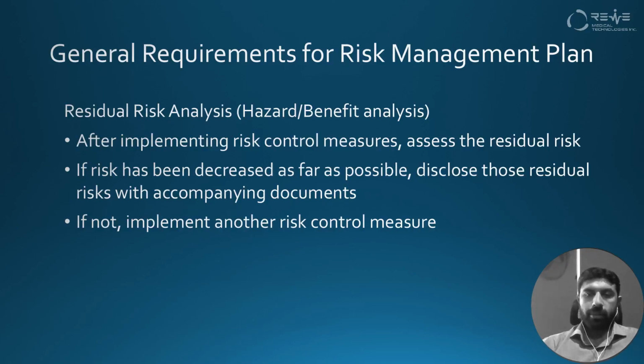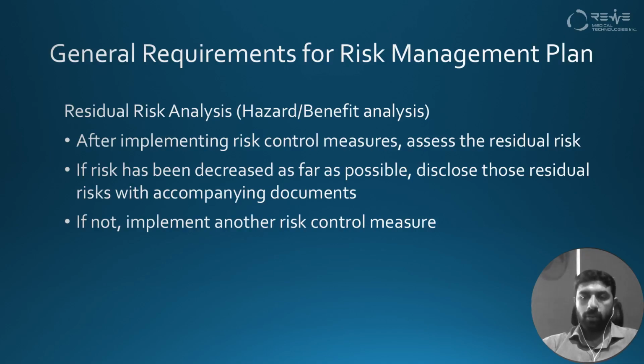So after performing the risk control measures, we will see the hazard benefit analysis of the risk control measures, or we will see the residual risk that is left behind after risk control measures. If the residual risk is reduced as far as possible, then we don't need to apply any more risk control measure.